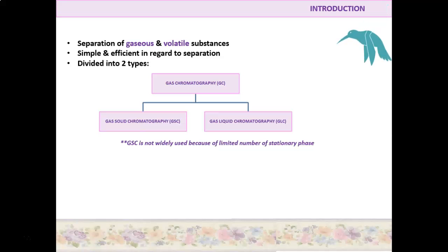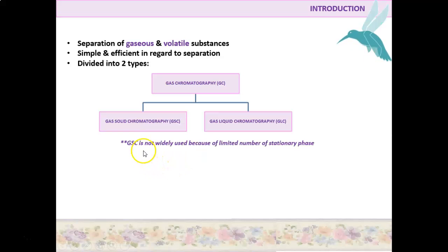Typical uses of GC include testing the purity of a particular substance or separating the different components of a mixture. We can divide the GC into two forms, which are gas solid chromatography, GSC, and gas liquid chromatography, GLC.